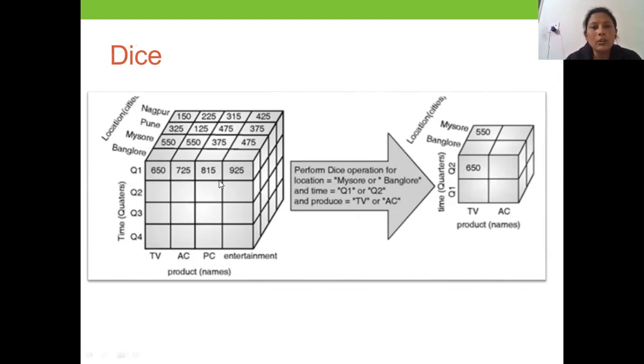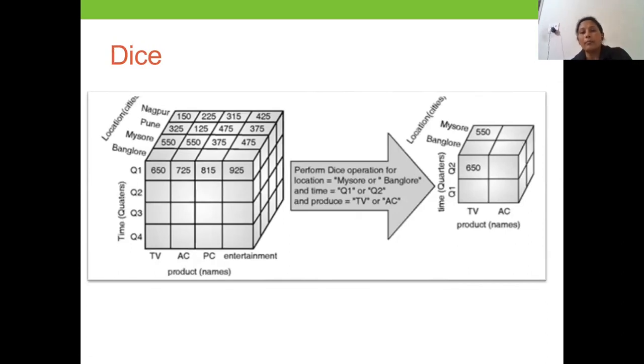Here again, for the simplicity of business decision making, we can perform a dice operation on more than one dimension. For this, the dimension can be Q1 or Q2.